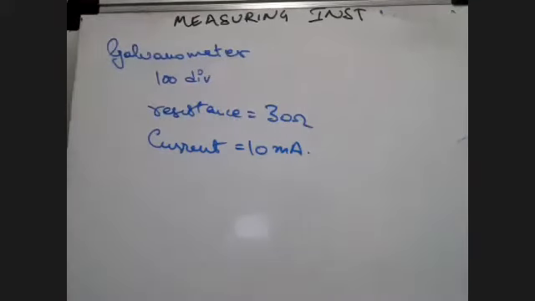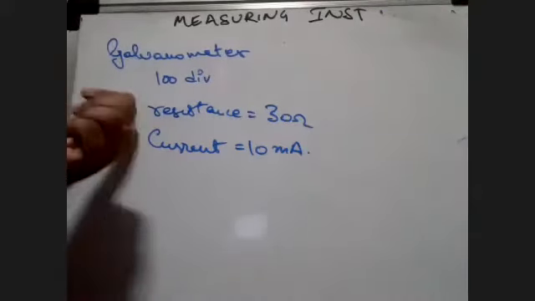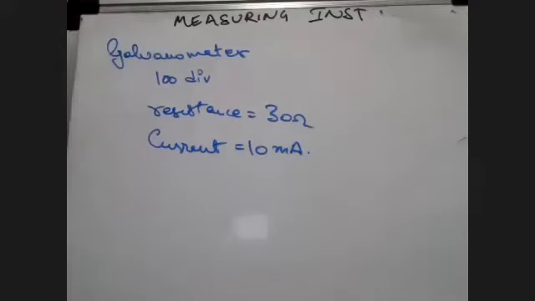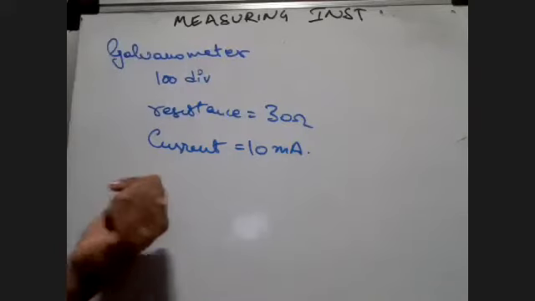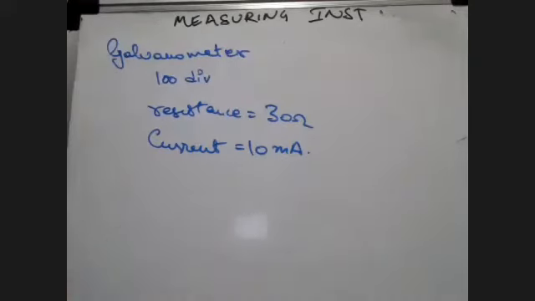I'll read the question. A galvanometer of 100 divisions has a resistance of 30 ohms, and a current of 10 milliamperes is needed to give it a full scale deflection. What is the current sensitivity?